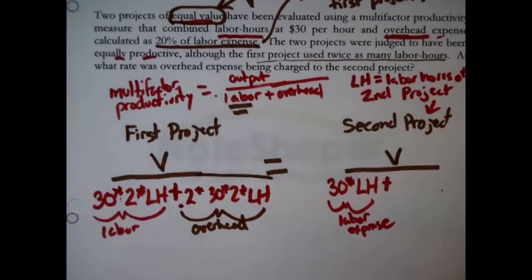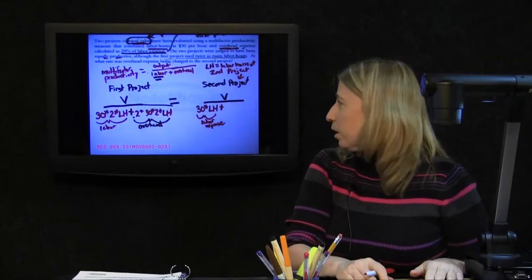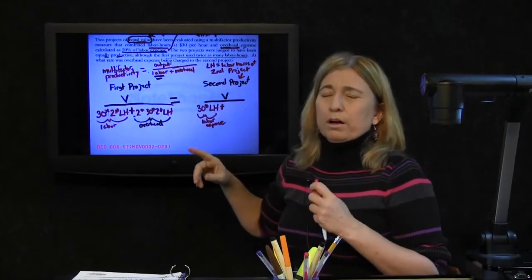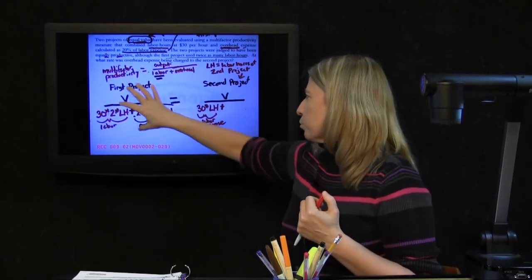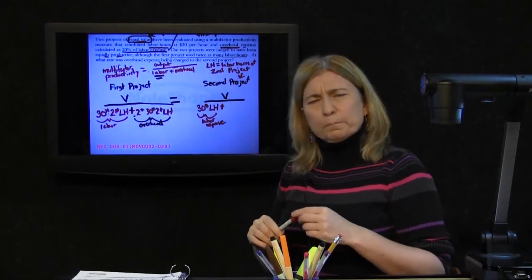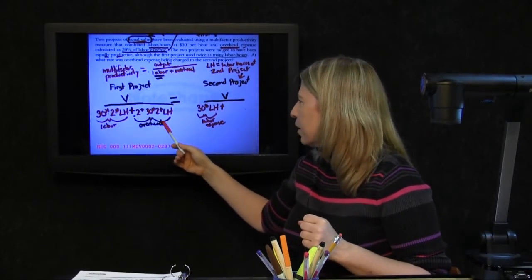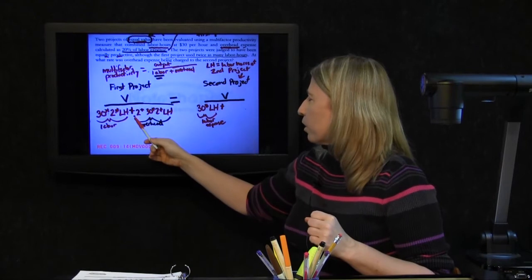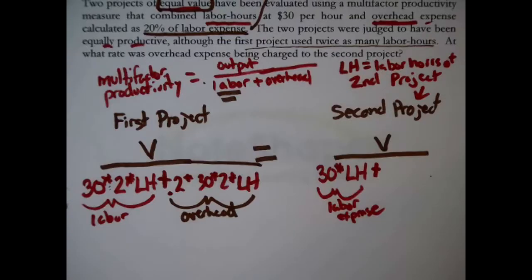Now, one last thing to fill in right here: overhead expense for the second project. That's what they're asking about. That's the mysterious thing. That must be some different number when you actually calculate this to balance. But symbolically, I could still spell it out the same way, because where I had 0.2 here for the 20% for the first project, I could just put an X here, since I'm going to try to figure it out.